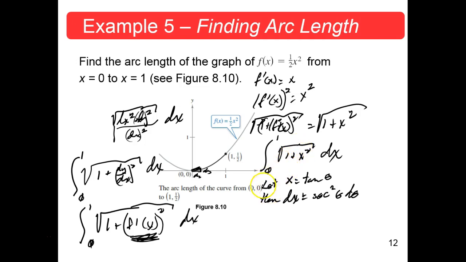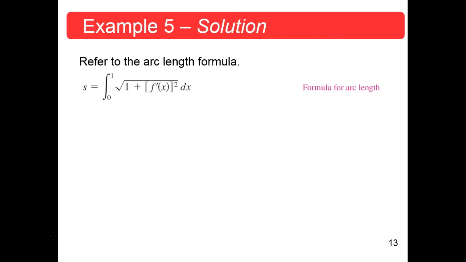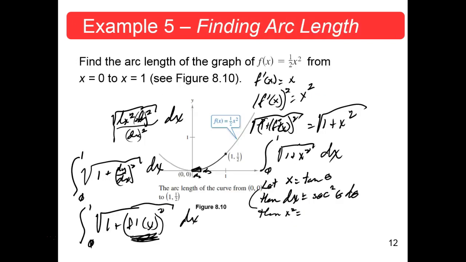So if x is tangent theta, then x squared is equal to tangent squared theta, and 1 plus x squared is equal to 1 plus tangent squared theta.